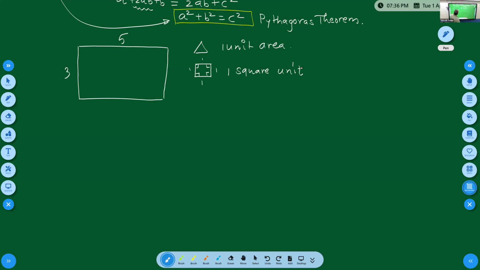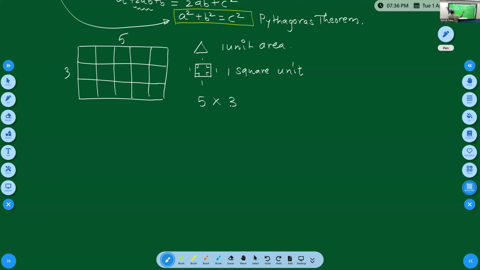Now, if one side is 1, and we have 5 on this side, we can divide this into 5 parts, and we will observe that exactly 15 squares fit in this rectangle: column wise 5 and row wise 3.